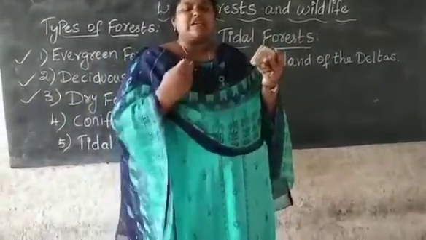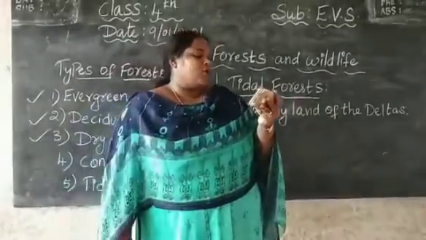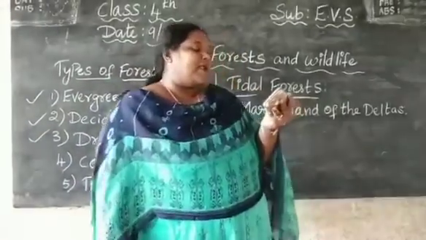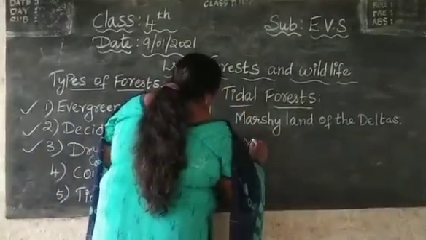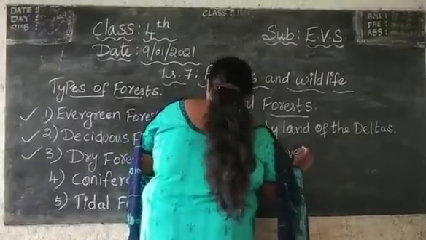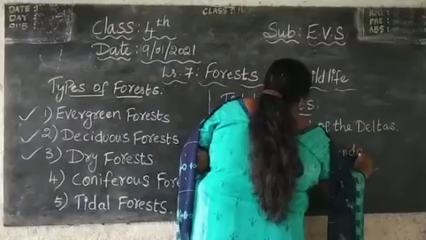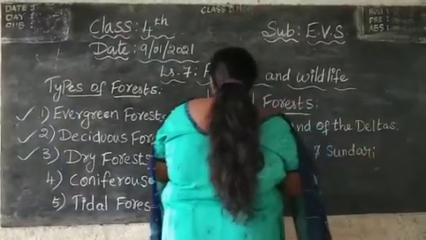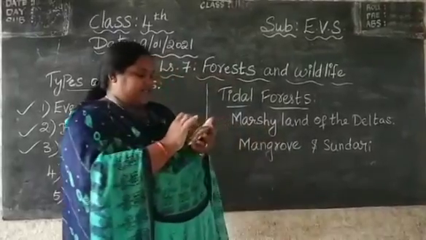The most common trees found in the forest are mangrove and sundari. So these are the trees found here in the marshy land of the deltas, that means tidal forest.